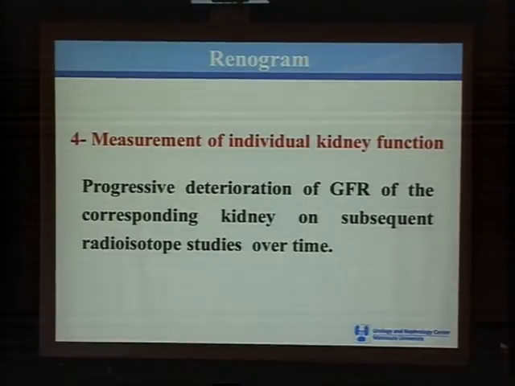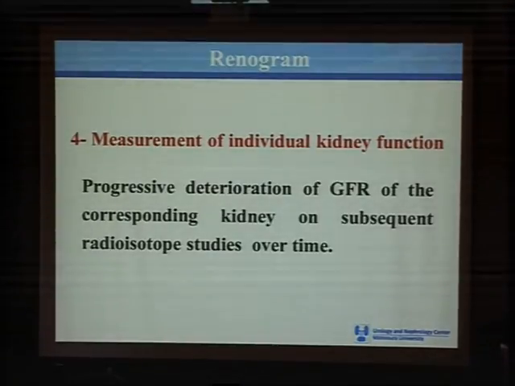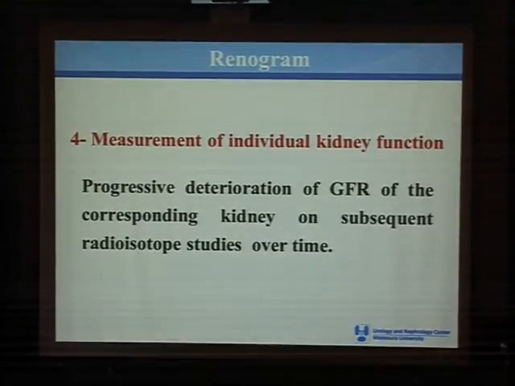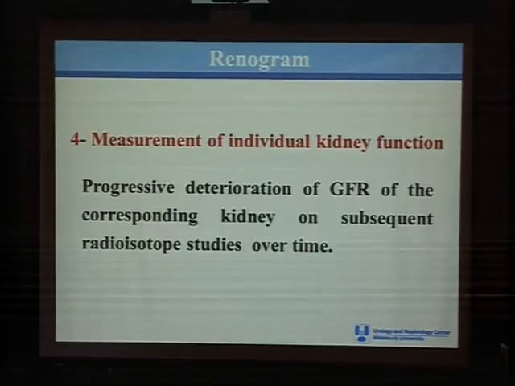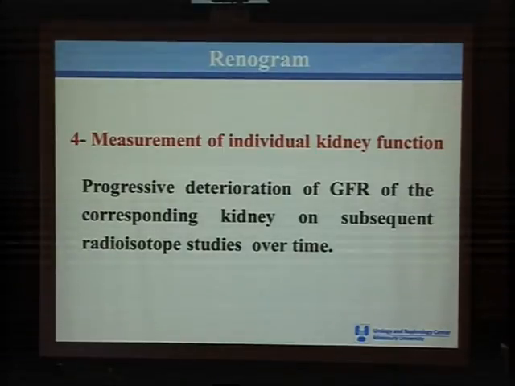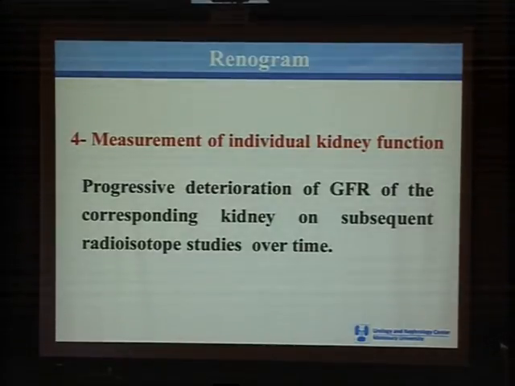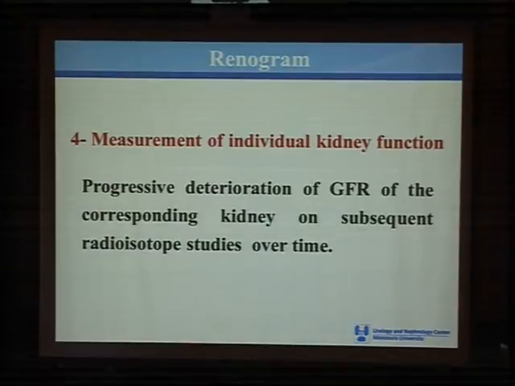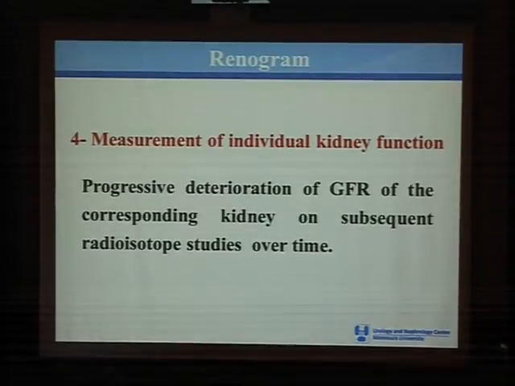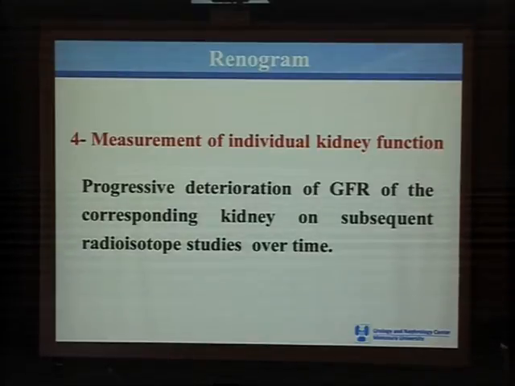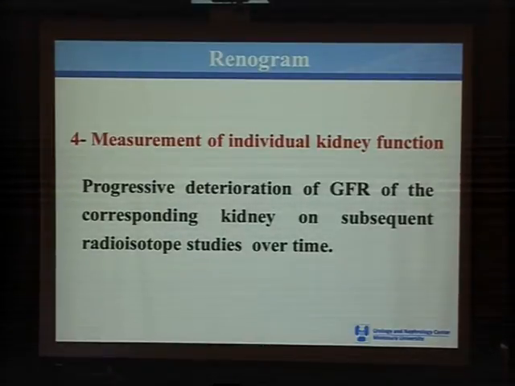If there is progressive deterioration of the suspected kidney, this is a sure sign of obstruction. But if there is a stabilization or improvement of the selective function of the suspected kidney, this means absence of obstruction. So this is the last tool to use radioisotope renography in the diagnosis of obstructive uropathy.